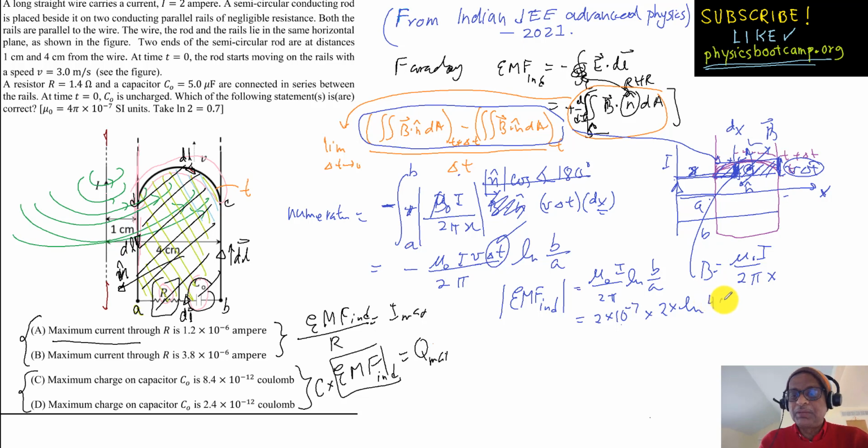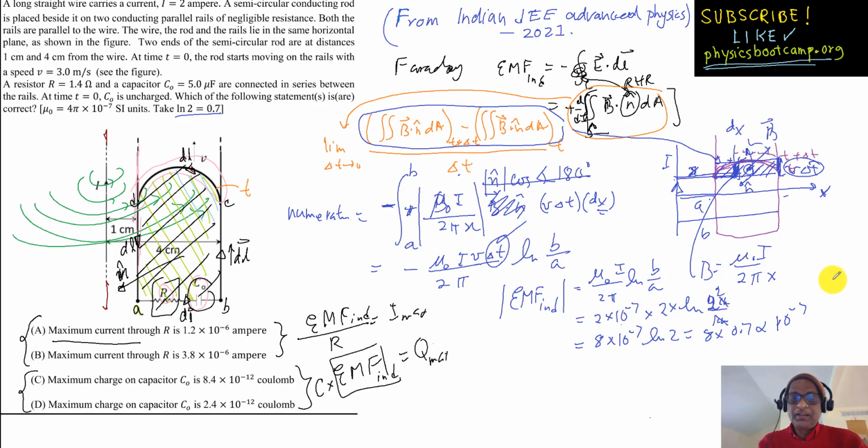So 4 centimeter over 1 centimeter. So I don't need to change units there. And so this is like a 2 square, and so that becomes 4, and this becomes 8 times 10 to the power minus 7 log 2. And they give you log 2 is 0.7. So this is 8 times 0.7 times 10 to the minus 7.